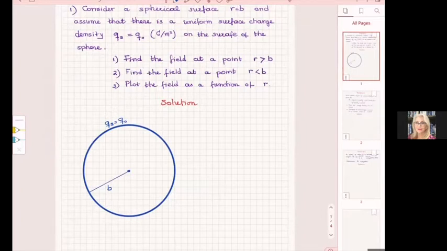We are in a three-dimensional environment, so we are going to use the spherical coordinate system because this charge is uniformly distributed. Therefore, whatever we find is going to be spherically symmetric. Do you agree with that? So the first important observation is that the field E will have spherical symmetry.